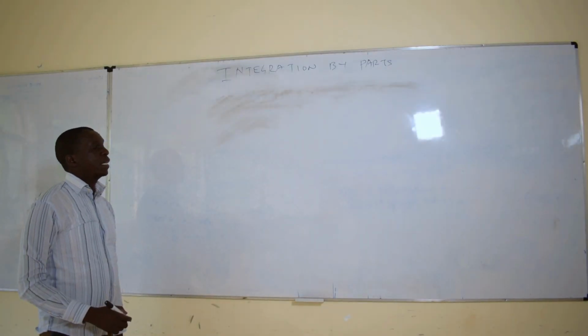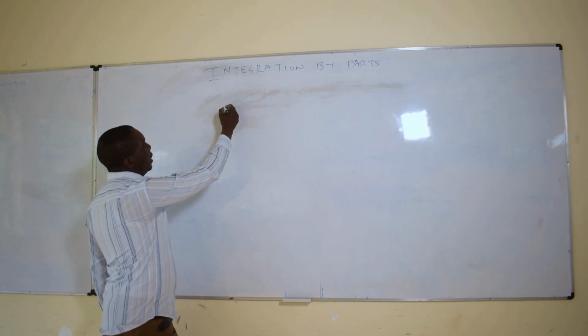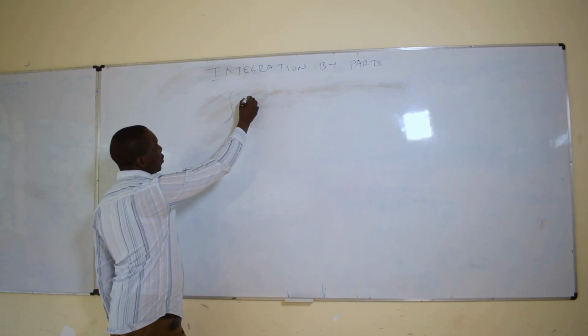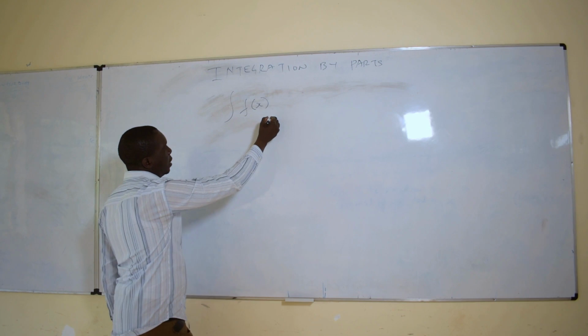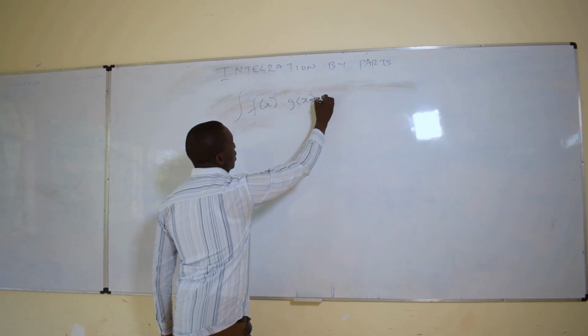Integration by parts is a technique of integration whereby we integrate a product of two functions, that is f of x times g of x dx.